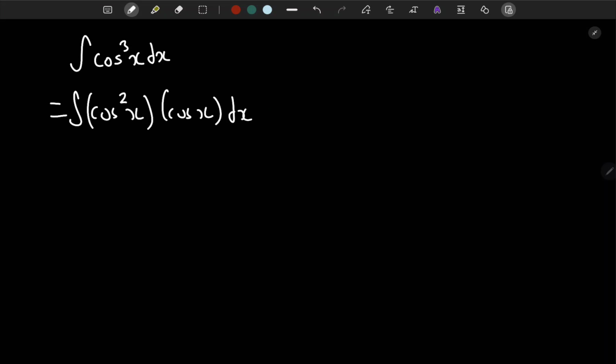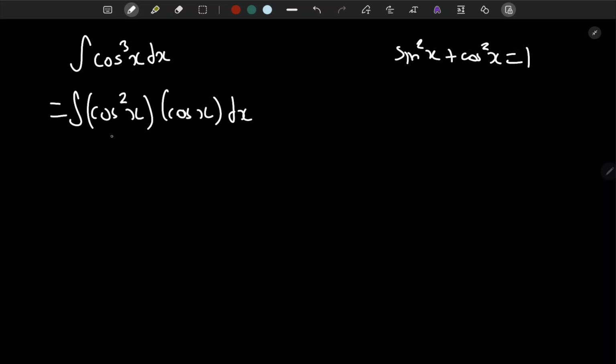Another basic rule that you always need to remember is sine squared x plus cosine squared x is equal to 1. And in order to solve this, we normally need to use the u-substitution method.